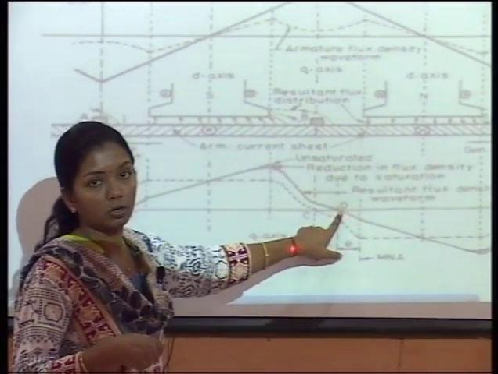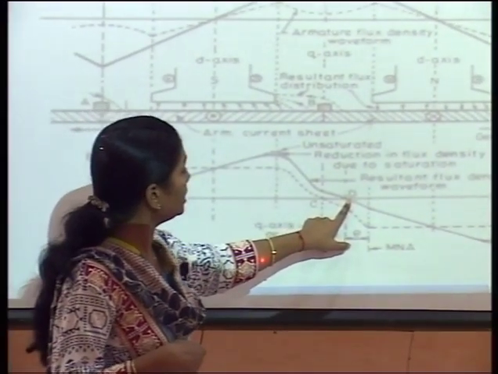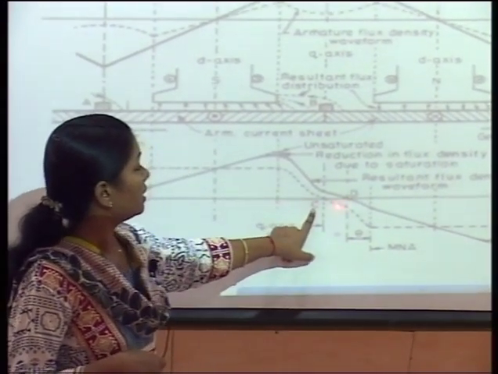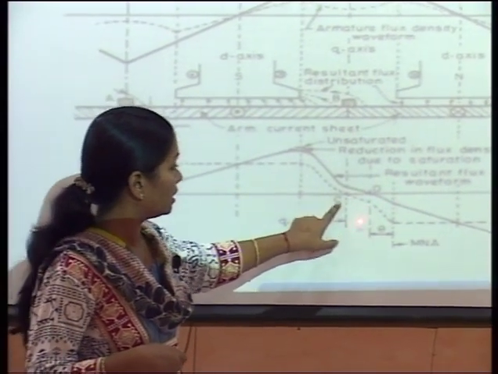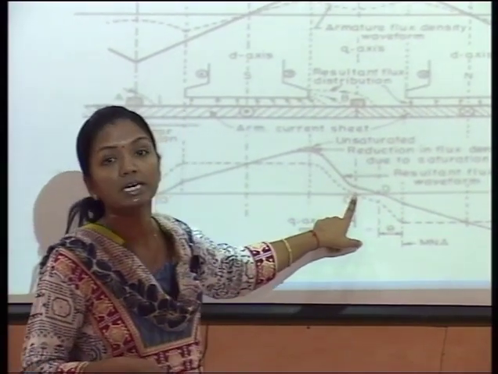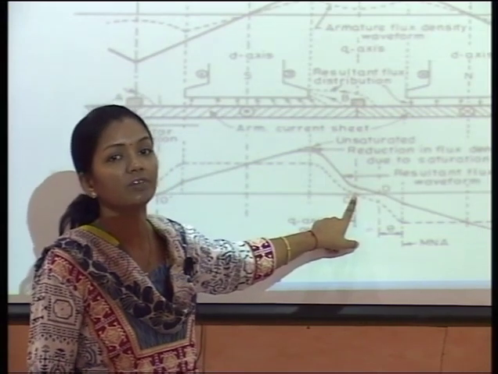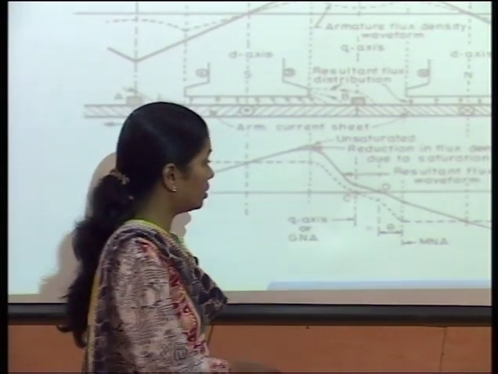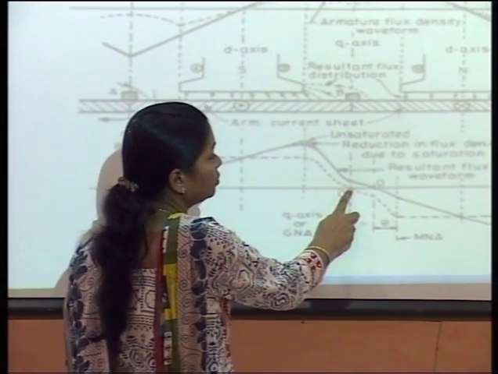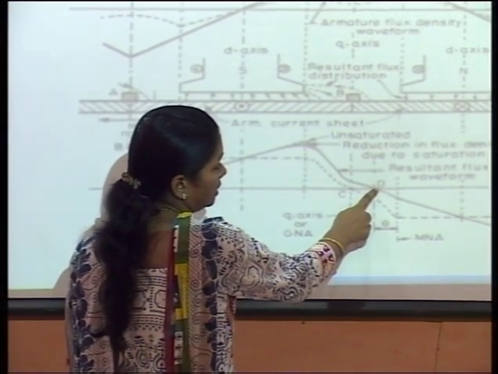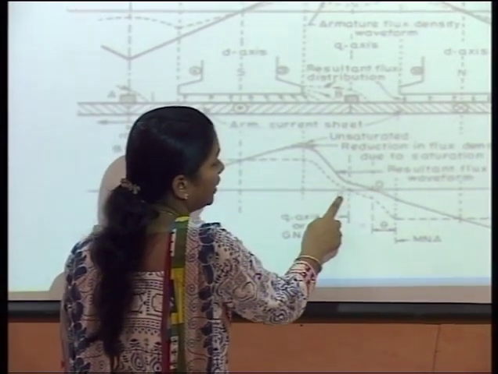So, it will cross through the 0 at point D, where it was crossing the 0 at point C earlier, when we had not considered the effect of armature reaction. So, it is crossing through 0 flux density at D instead of C.